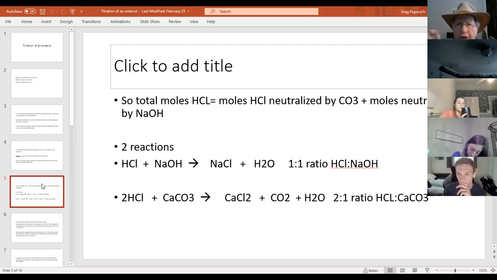The first is the neutralization of the acid by the NaOH. This is a 1-to-1 ratio. When we are using the antacid, in this case, calcium carbonate, that's reacting with 2 HCl's. So I need 2 HCl's for every 1 calcium carbonate.